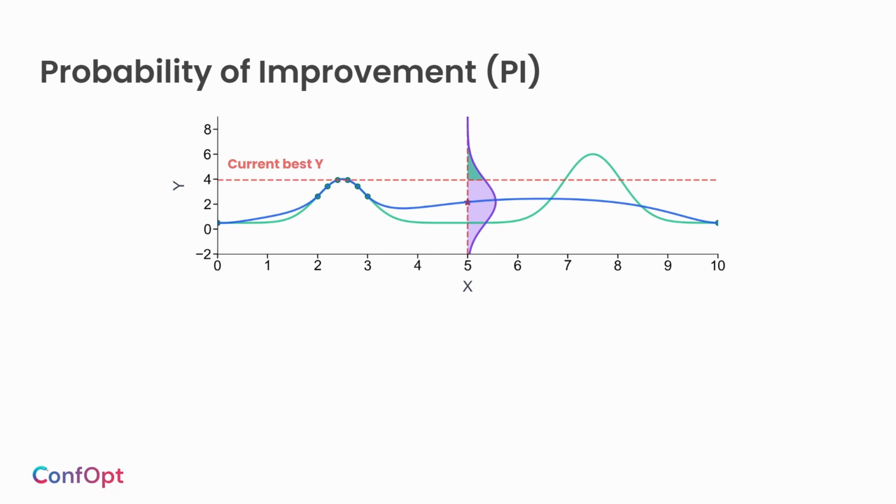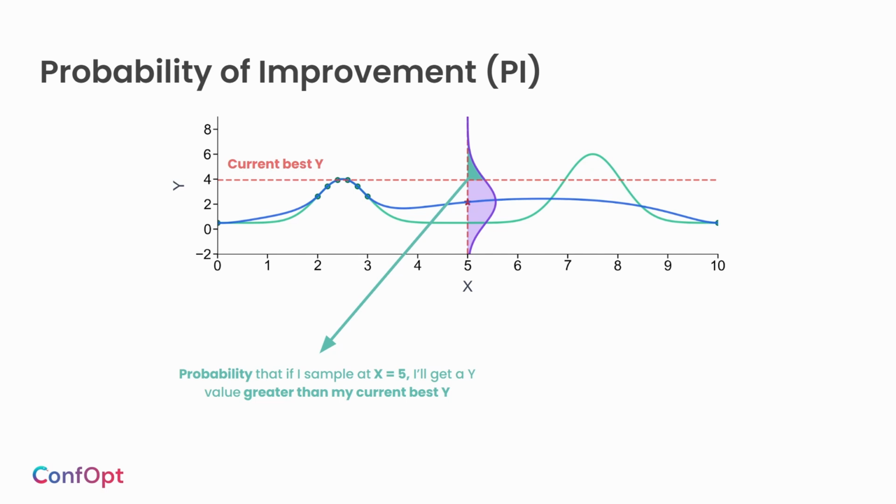And because of basic distribution rules, the area above where this line dissects the normal distribution is going to tell me the probability that if I sample at x equals 5, meaning if I pick x equals 5 as my next hyperparameter configuration to actually train on, this shaded area is the probability that I'll get a value that's better than the one that I currently have, meaning larger than the current best y value.